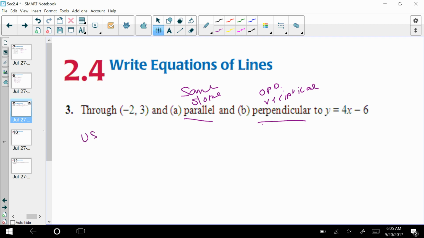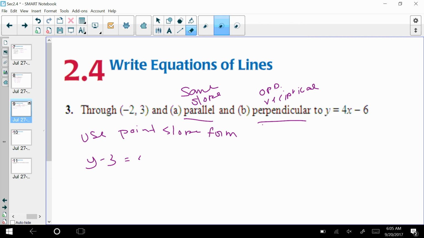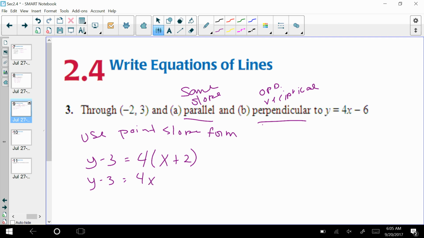And we can use point slope form. And then we can use algebra to solve for y.